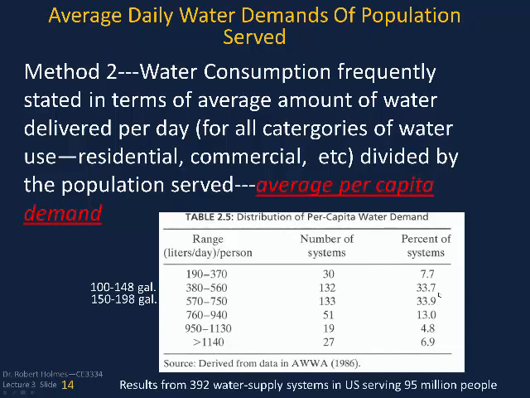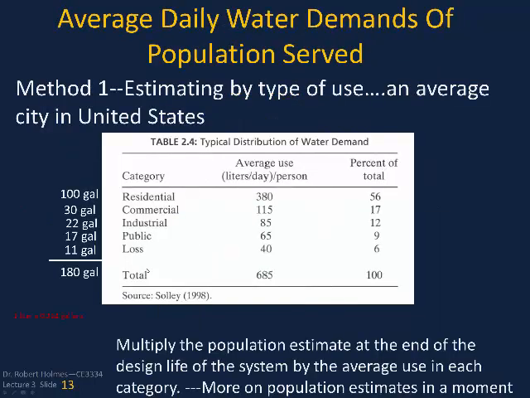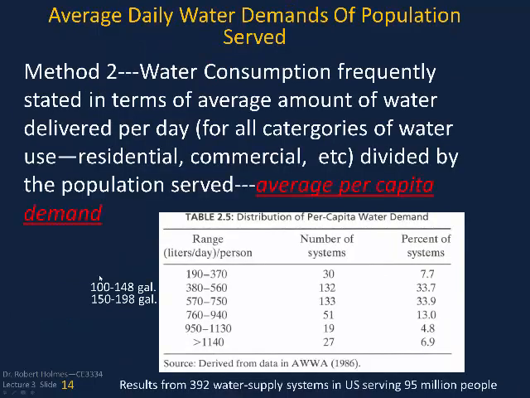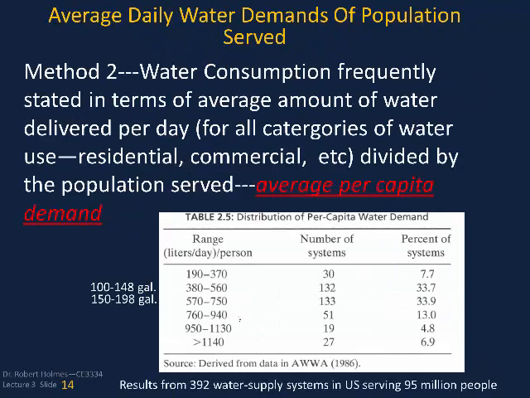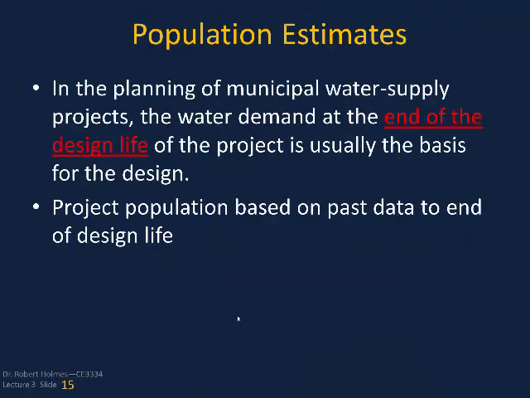You can see that the majority, a little over 64%, is in the neighborhood of between 100 and 198 gallons. So that previous method that we had, where we had 180 gallons per person per day, is in the ballpark of what this particular independent research by the American Waterworks Association found. So if you have a value for 180 to 200 gallons per day, that's a fairly good estimate for the majority of the water distribution systems that you'd be dealing with.